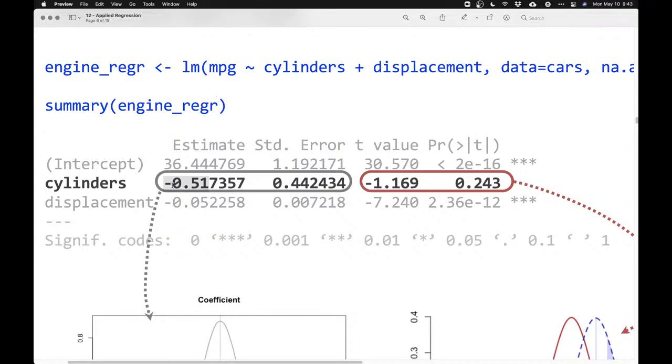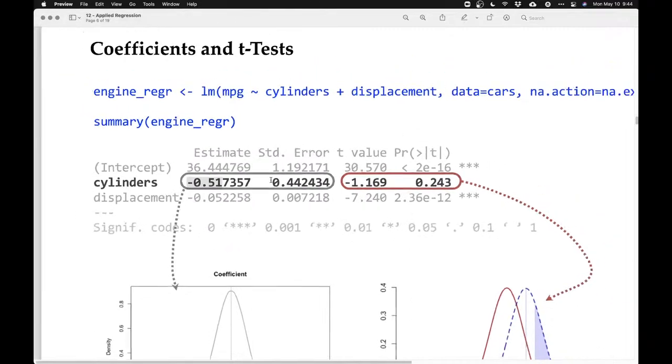So for every cylinder we add, our fuel efficiency, or miles per gallon, how far we can drive on a fixed amount of gas, drops by 0.51. Of course, you got a more powerful car, you're burning more gas. So our fuel efficiency drops. That's what the estimate is telling us.